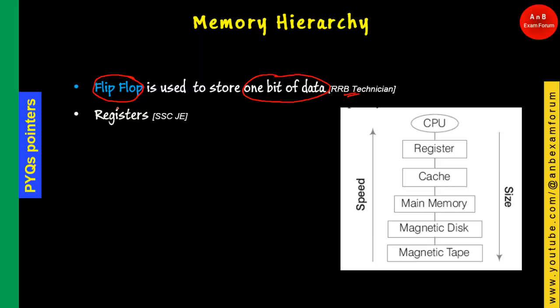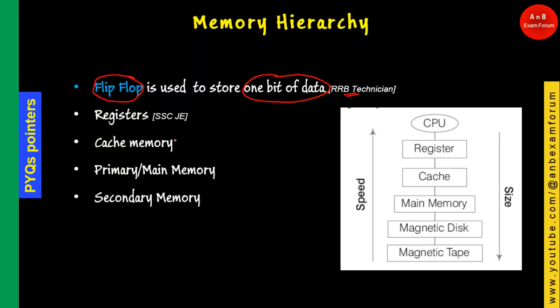Coming to the next one, the register. As the diagram says, the closer you go to the CPU, the faster it is, and the size will increase as you move away. So the hierarchy is registers, after that cache memory, then main memory, then secondary memory.